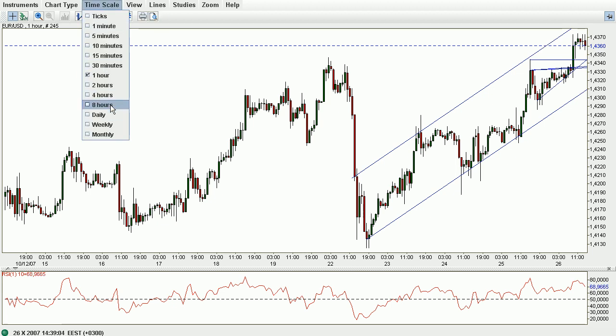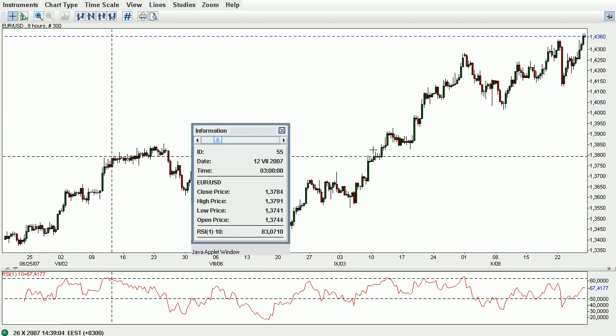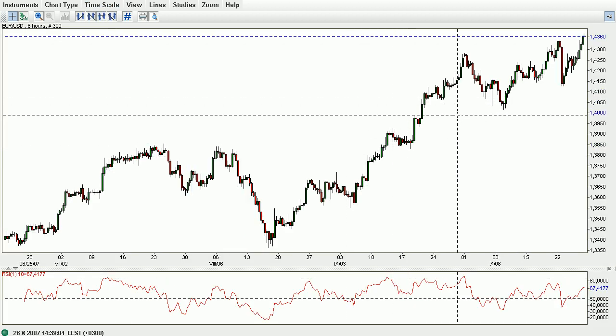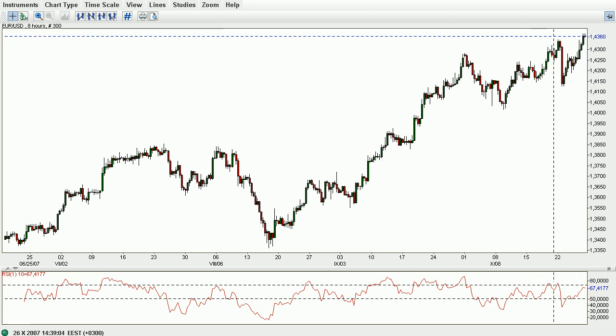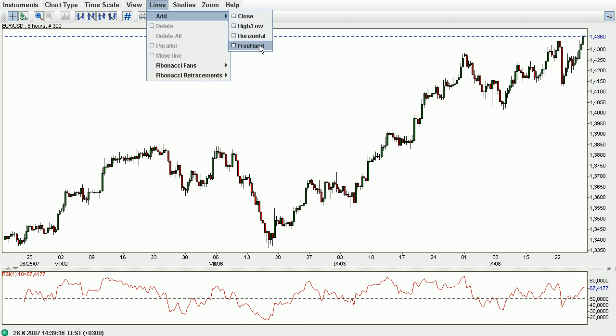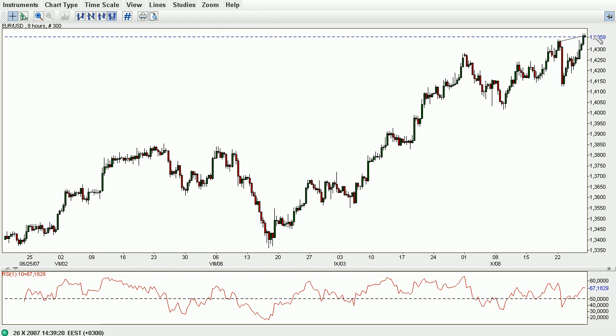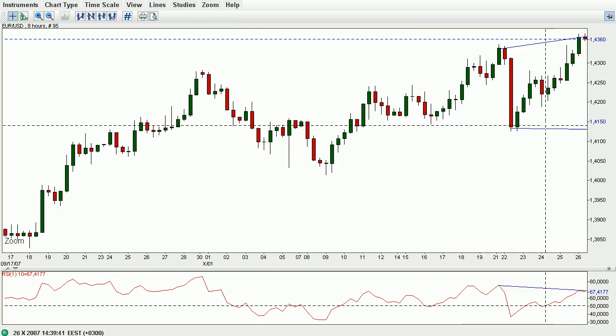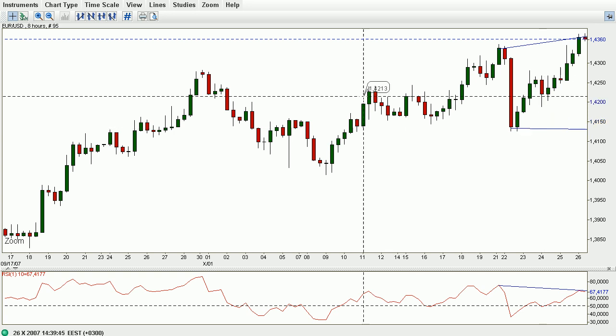But the thing that we can do is, for example, go to an 8-hour chart, and we can see that we have a divergence here between our indicator and the currency pair, which is right here. As we know, by general rule, divergences lead to a change in the direction, but this time I might say that in order to see a change of the direction of our currency pair, we might need to see at least a drop below this level here of 41.30 approximately.